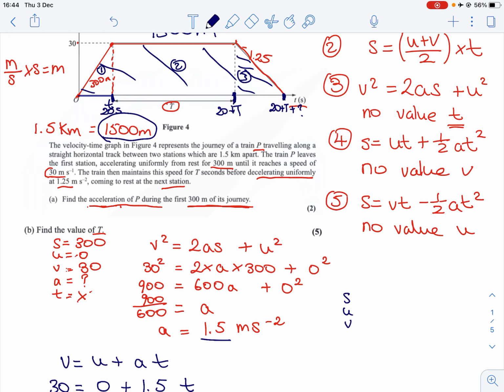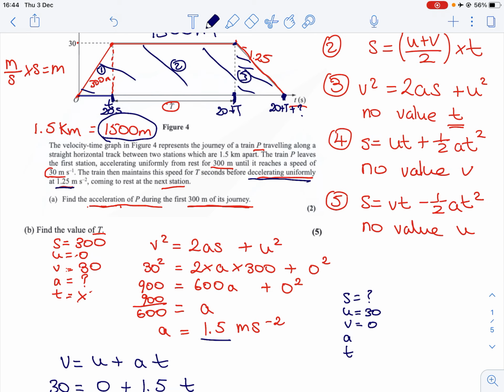So I don't know what my s is, but I know my initial velocity is this point here, which is 30. And I know my final velocity is here, so I'm stopping, so it's going to be 0. And I'm told in the question, it decelerates uniformly at 1.25.